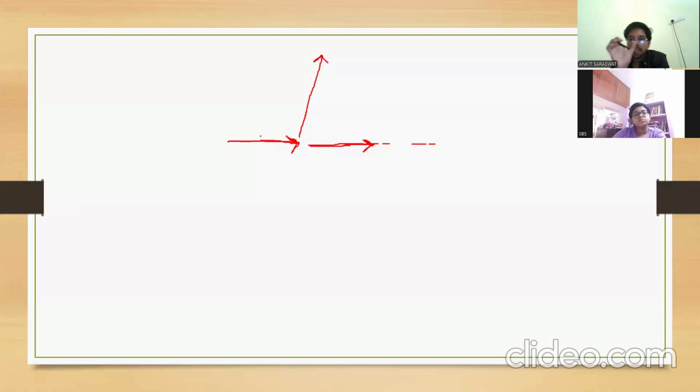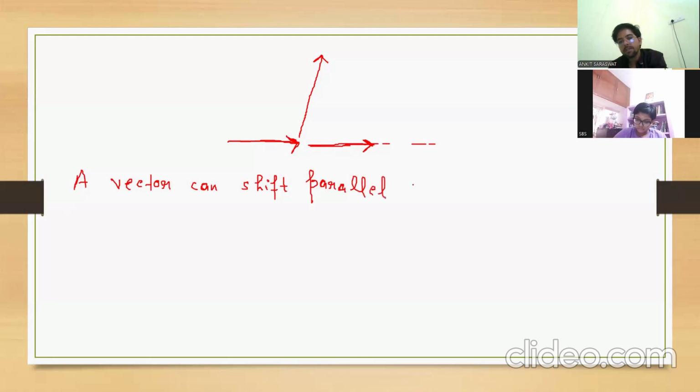So a vector can translate parallel to itself. You can write: a vector can shift parallel to itself.